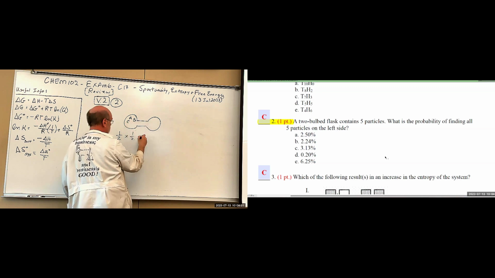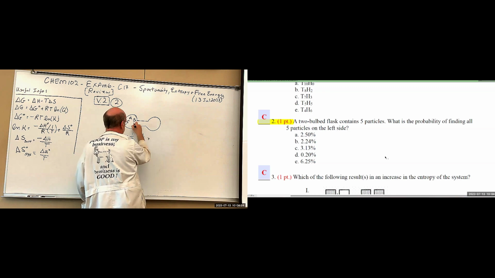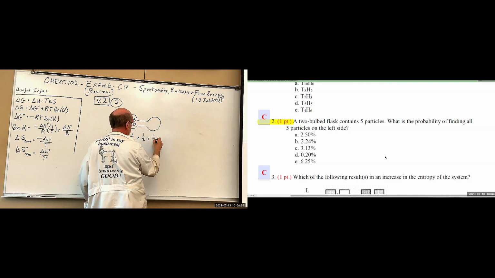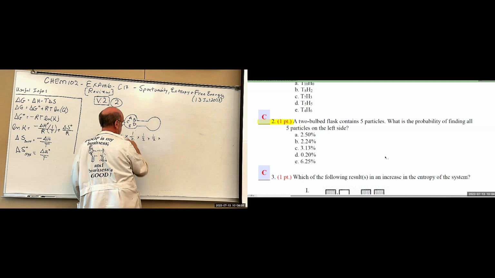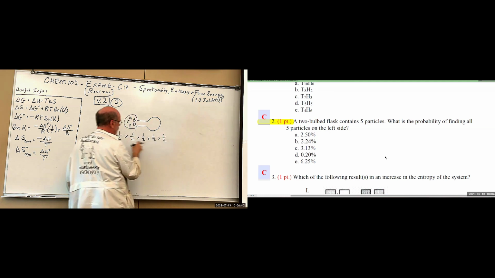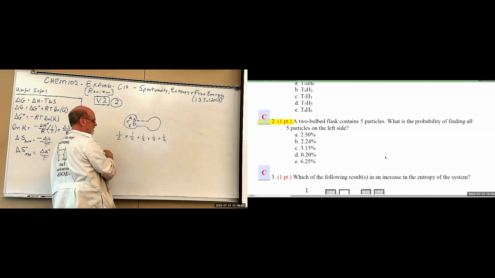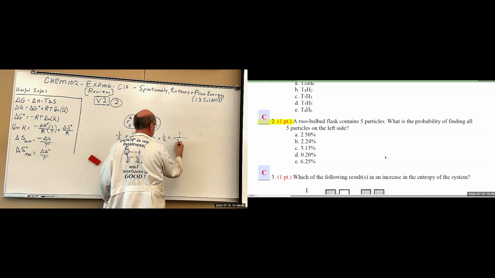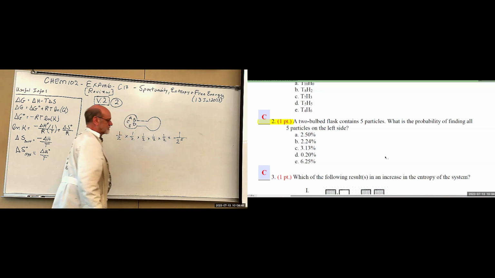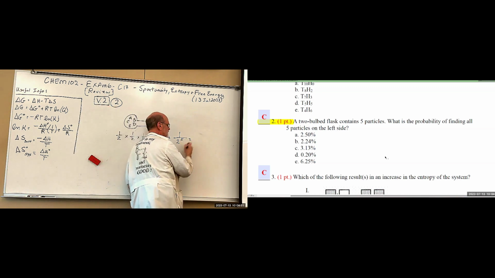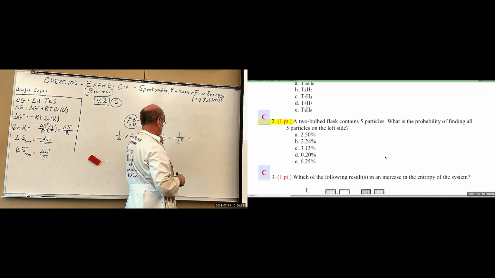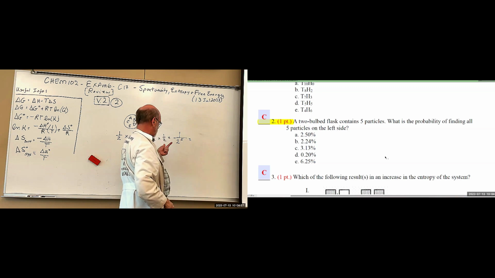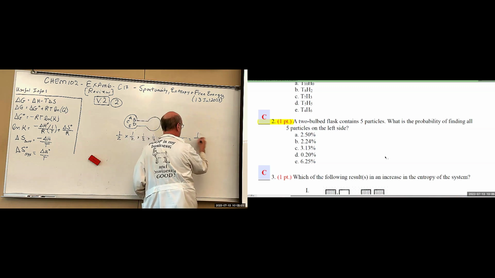C, D, and E. So that's the probability of finding all of them on this side. So what is that? Well, that's 1 over 2 to the 5th power. Second power would be 4, 8, 16, 32. 1/32.